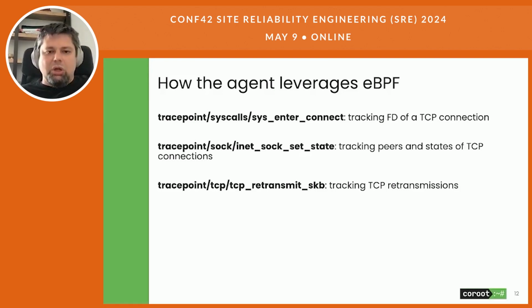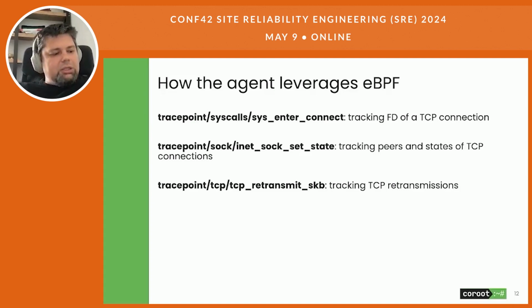We call this system call, and we see that process ID 123 opens a TCP connection to some destination IP and port. Then, using the sock set state tracepoint, we can track the TCP handshake, and we can see if this TCP connection was successfully established or failed. We can track the errors of establishing TCP connections, and also we can track all successfully established TCP connections.